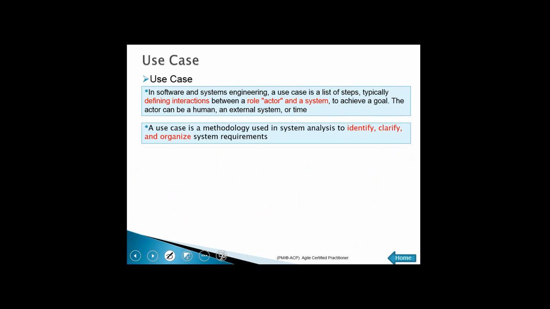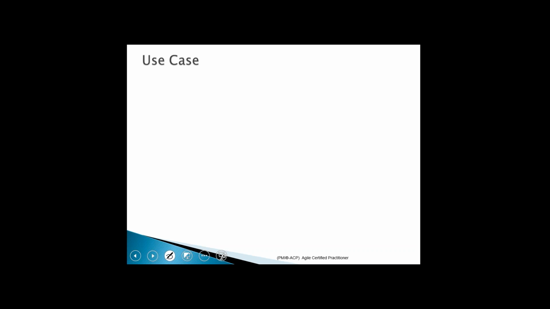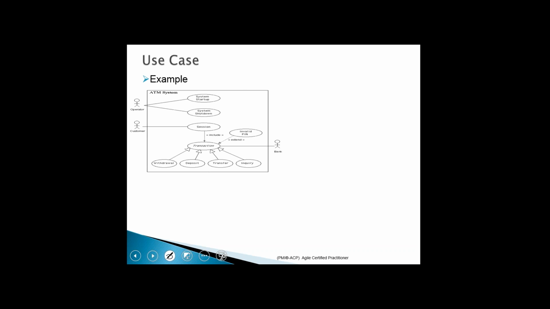And you can use these use cases in planning your system requirements, or in your design phase, or during your coding phase, or during your testing phase, right? You can use cases in all of those phases. That is the good part. Here is an example of a typical use case. See, if it is an ATM system, an operator is going to start the system on shutdown.